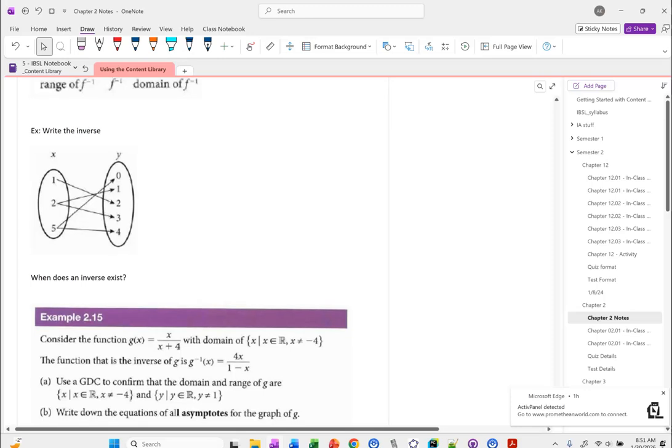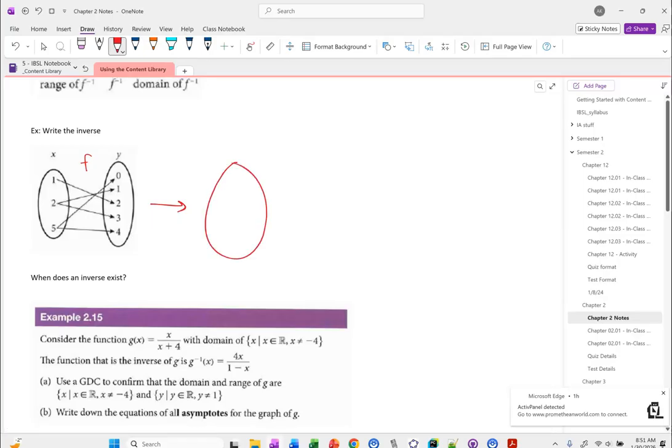So if this is my mapping diagram, and I want my inverse, what is my domain going to be in the inverse? The y's. What is the range going to be in the inverse? The x's, right? When we make an inverse, we just swap x and y.